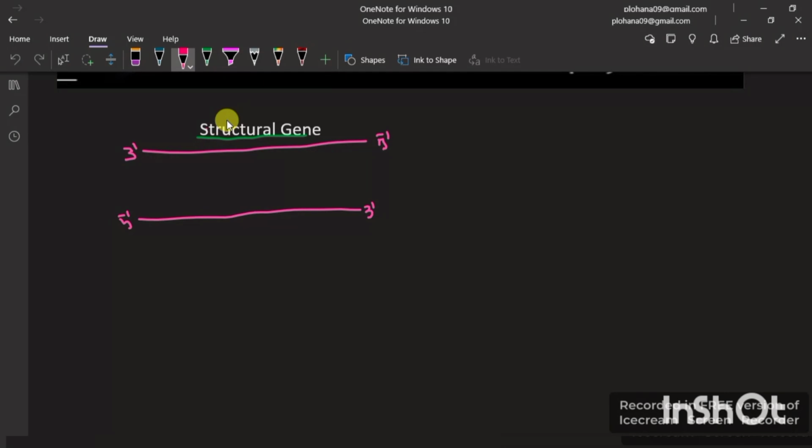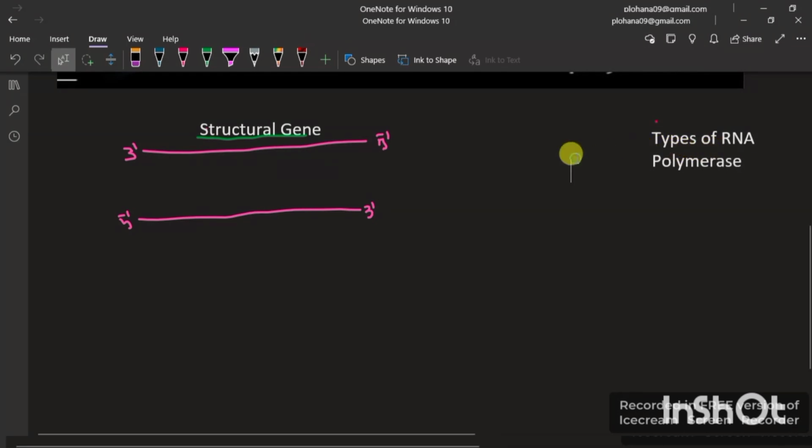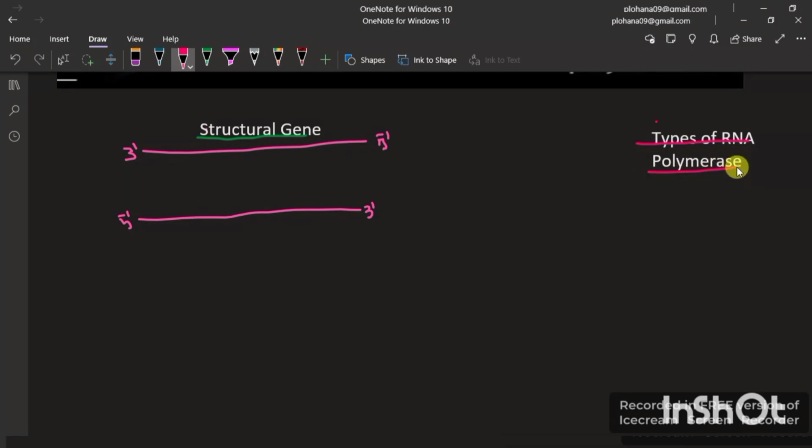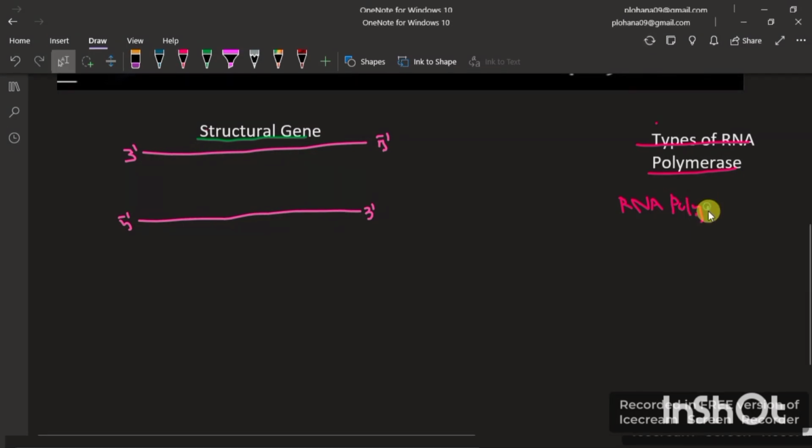In eukaryotes, we have 3 types of RNA polymerase. First of all we have RNA polymerase 1.